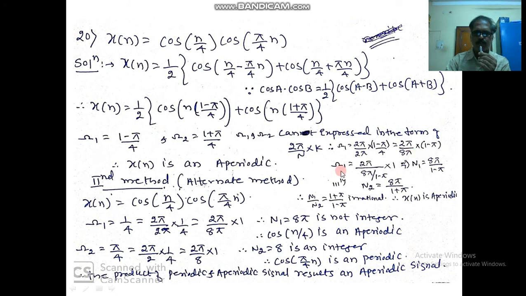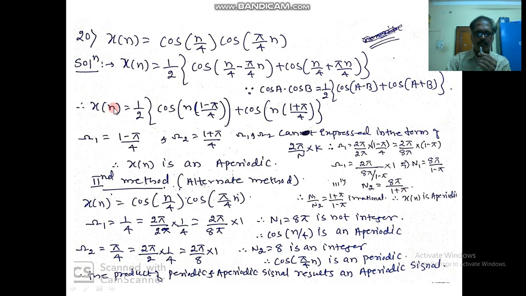Therefore omega 1 equals 2 pi as it is, 8 pi divided by 1 minus pi, into 1. Now it is in the form of 2 pi by n into k. Here n value is 8 pi divided by 1 minus pi. Similarly we can express omega 2 in the form of 2 pi by n into k. We will get n2 equals 8 pi divided by 1 plus pi. Here n1 is 8 pi divided by 1 minus pi. Here n2 is 8 pi divided by 1 plus pi.